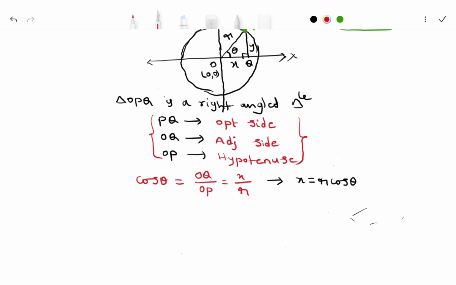And next, sin theta is equals to opposite side, that will be PQ, divided by hypotenuse, that is OP. That is equals to y by r.